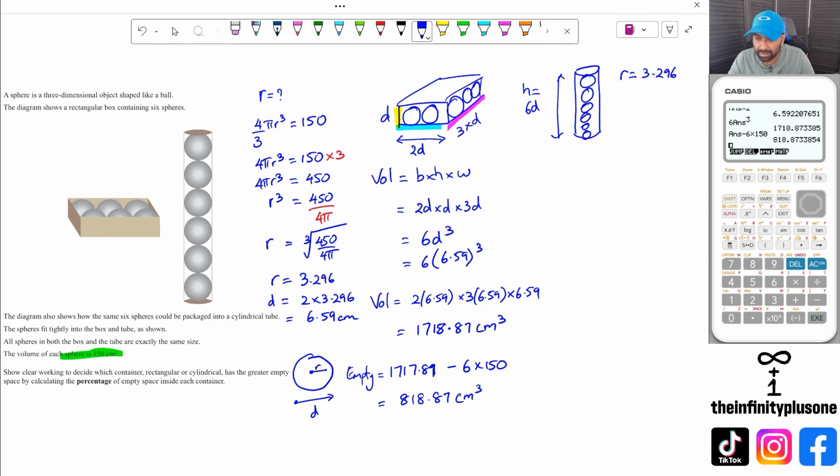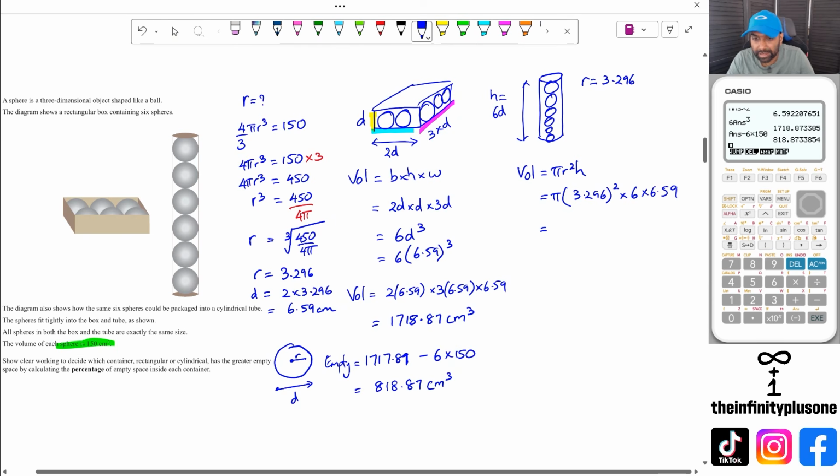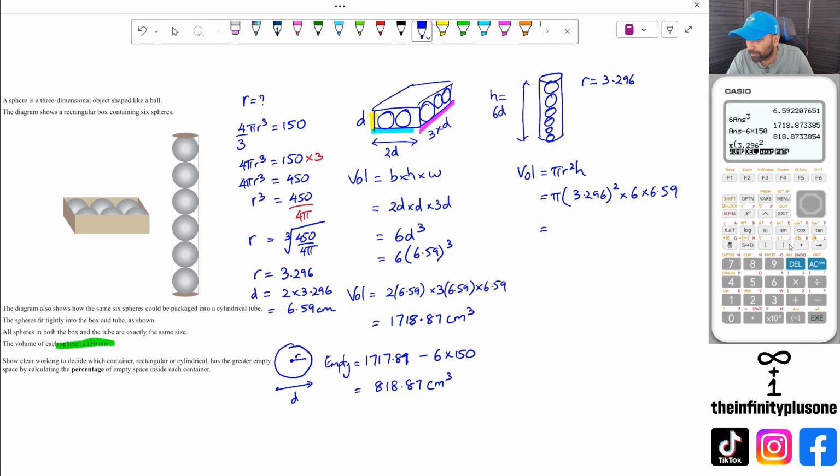And then we just need to work out the volume of this. So volume of cylinder is pi r squared h. So we're going to get pi times 3.296 squared times 6d. Now d is equal to 6.59. And I guess we're going to try and do that all together in one shot. So I've got shift pi multiplied by r, which is 3.296 squared, multiplied by 6 multiplied by 6.59.